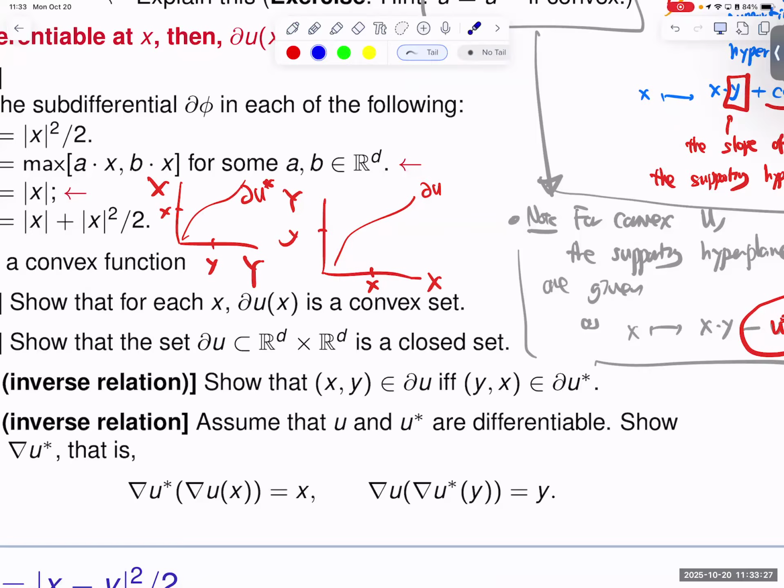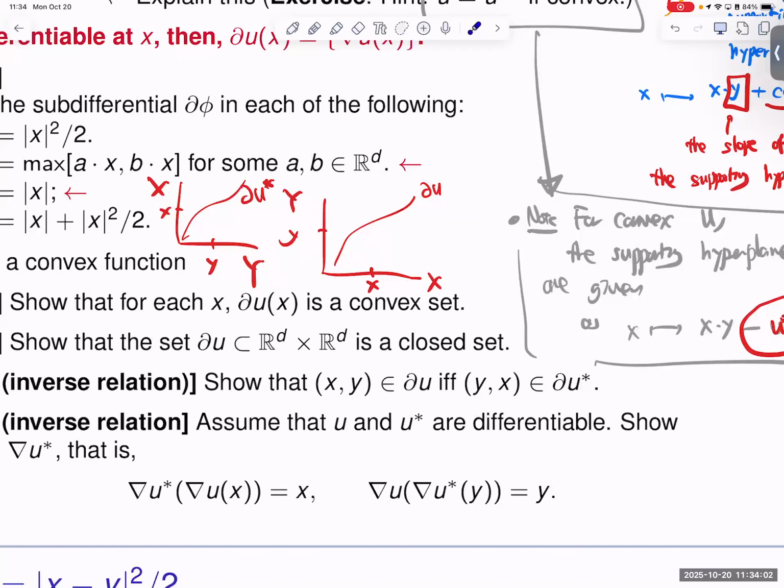But if you regard this x, y to be just in R^n, then these two sets, if you consider this expression, are inverse to each other. (x, y) now becomes (y, x). So it's the inverse relation. This suggests that the subdifferential of u is the inverse of the subdifferential of u star.